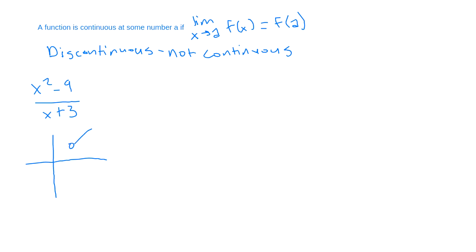It's where we have a hole right there at x equals 3. Well, we can say that our function is continuous when x does not equal 3, because we have that little hole right there, but otherwise it's fine.